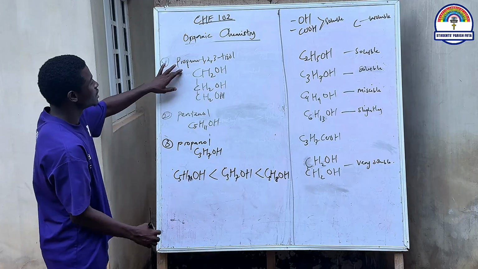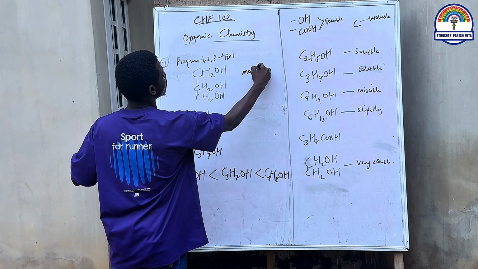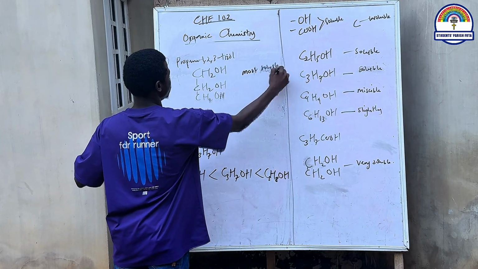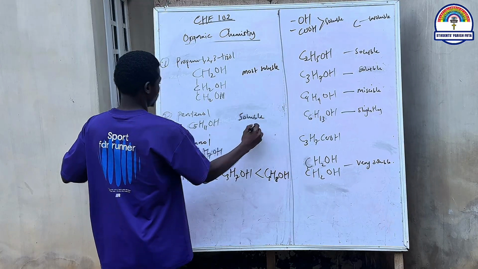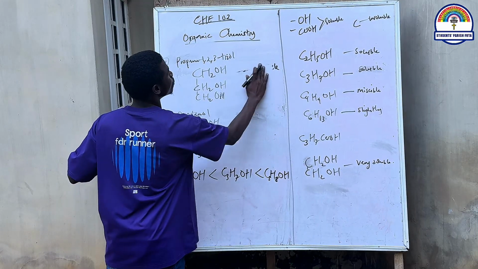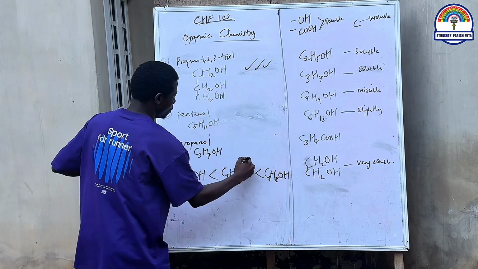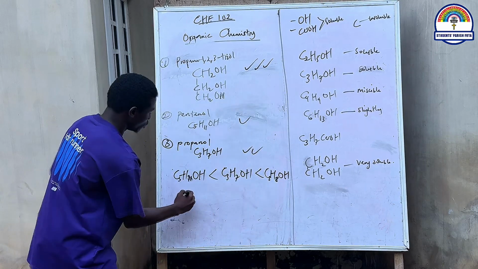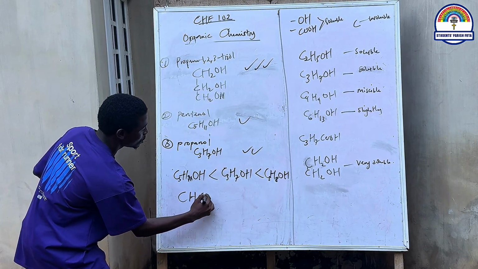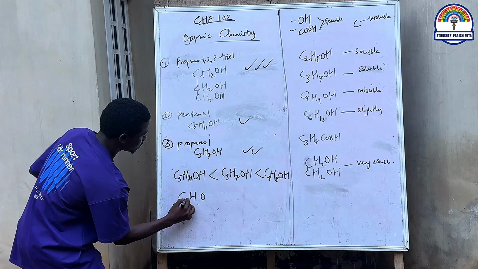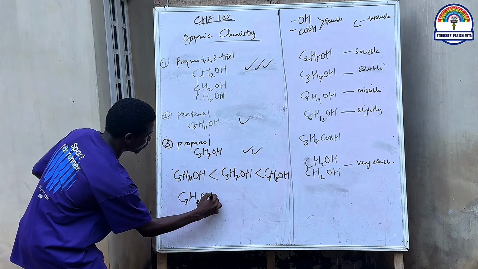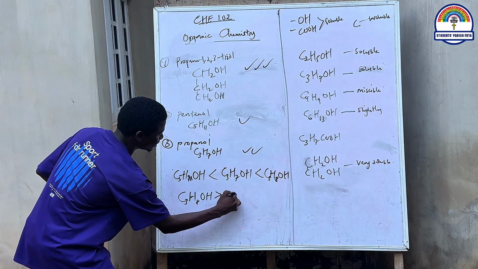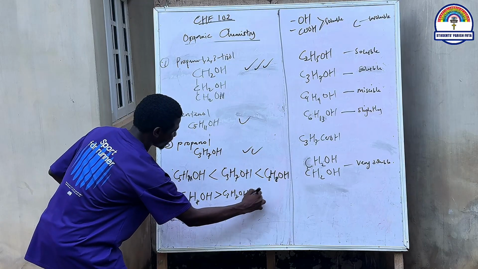This is the most soluble, followed by this one, followed by this one. Or we should write it this way: CH3 is greater than this.